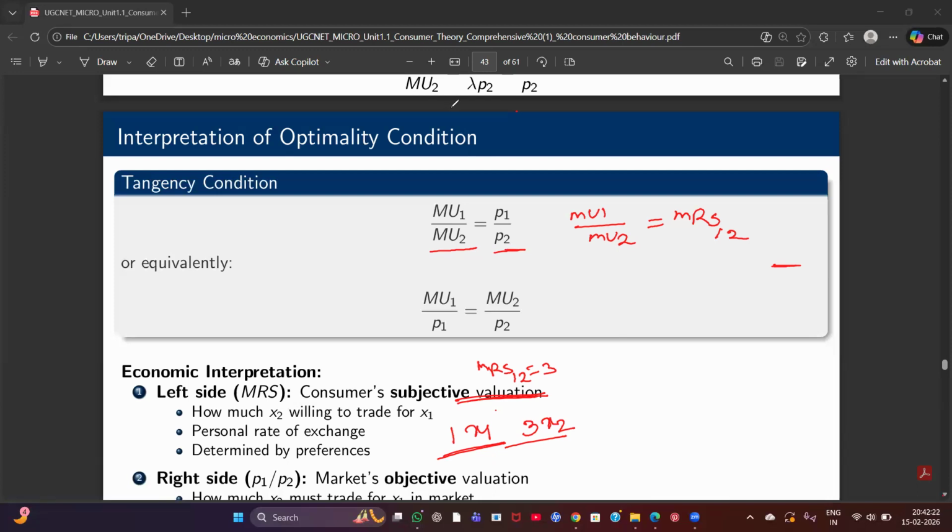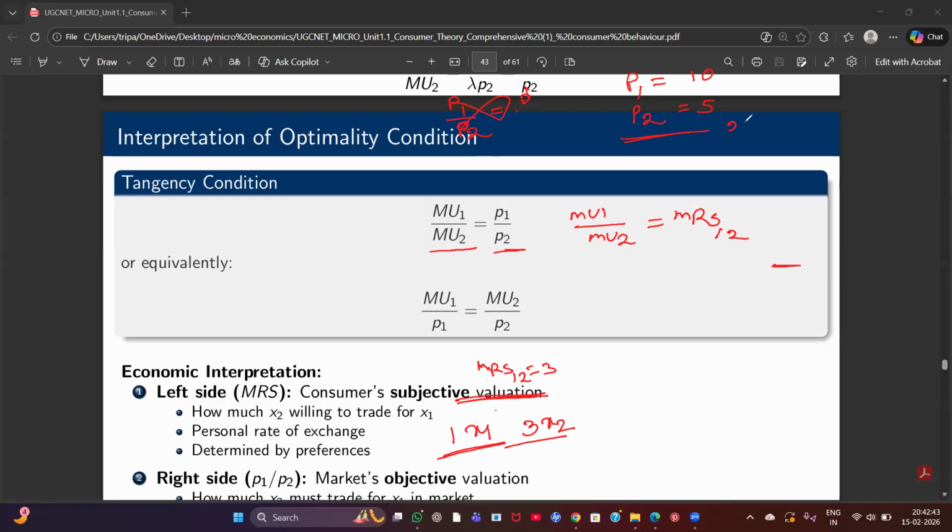If I say P1 divided by P2 is equal to what? Let the price of the first commodity be 10 rupees and the price of the second commodity be 5 rupees. In that condition, how will the market trade?